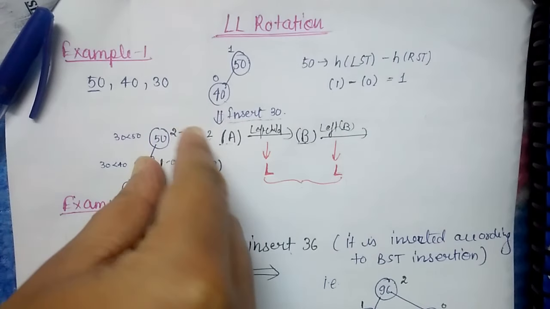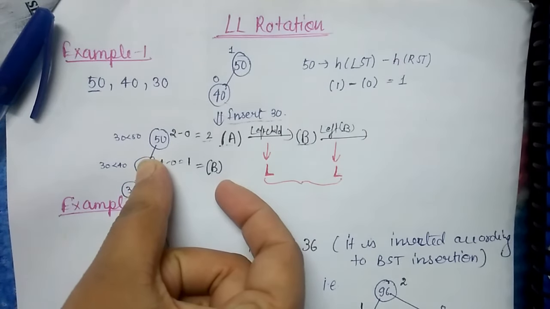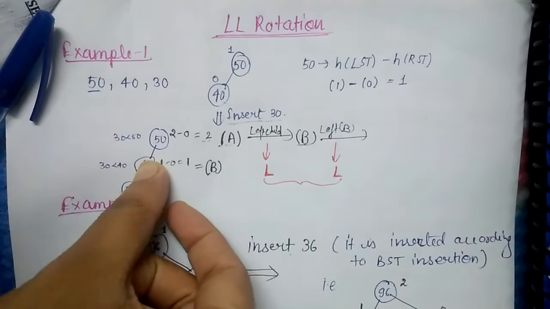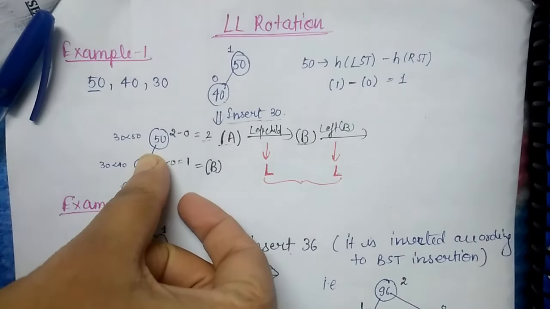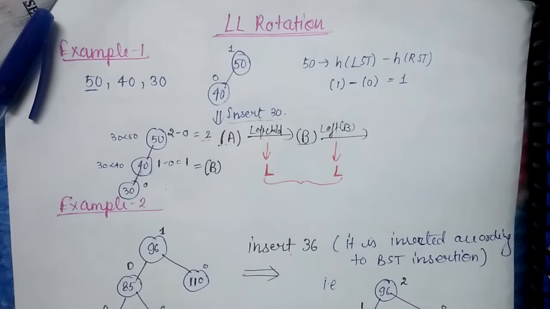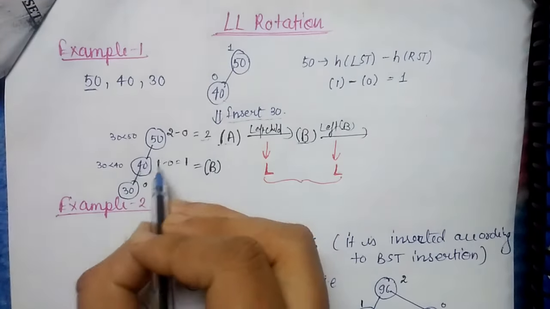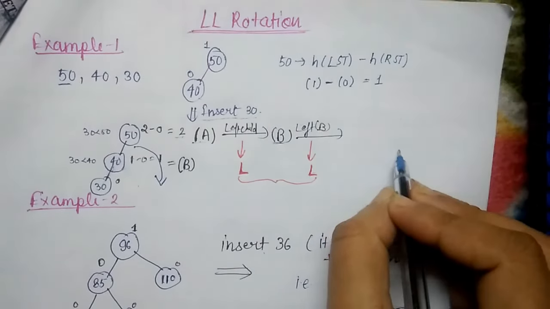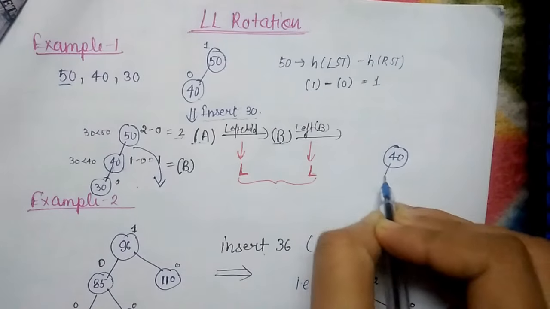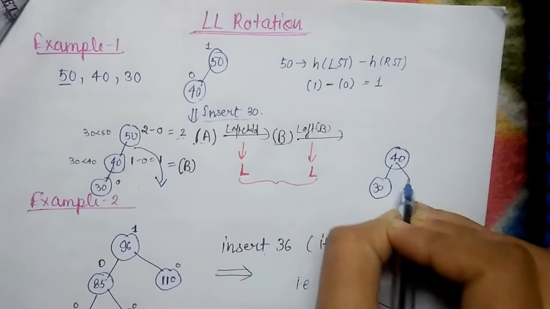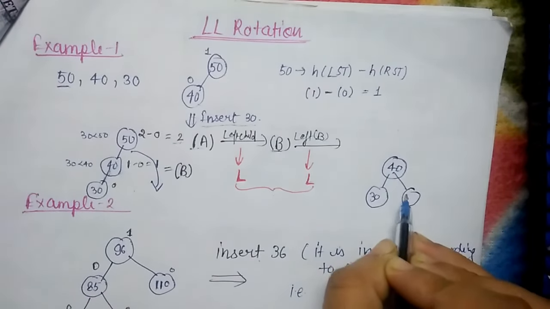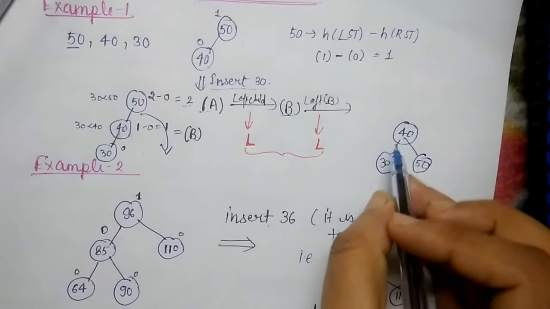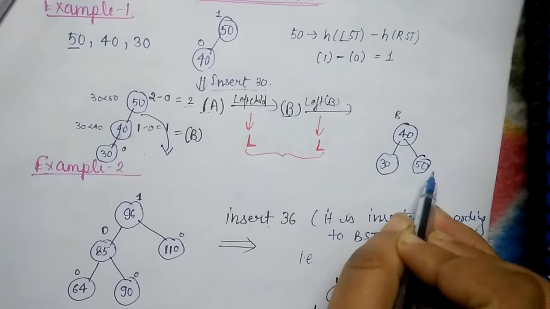After rotating the tree clockwise, A will be the right child of B, that means 40, 30, and A will be the right child of B. So this is B, this is A.